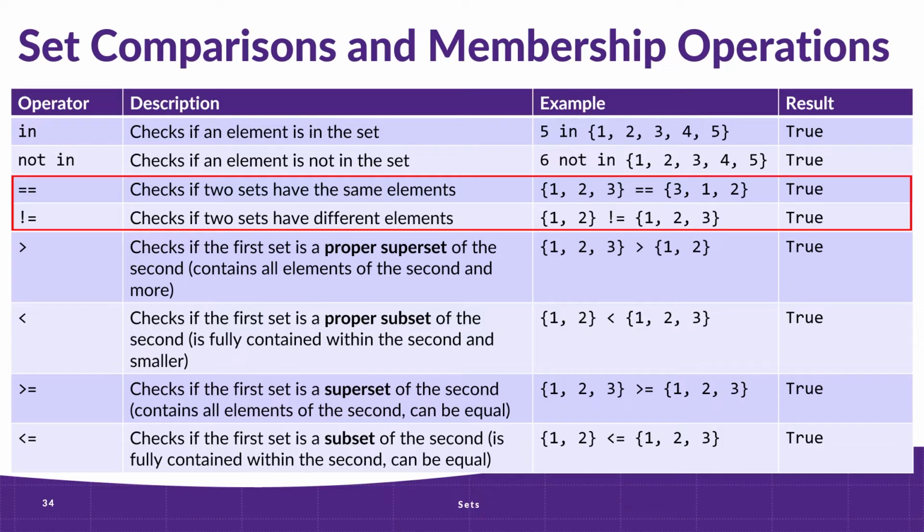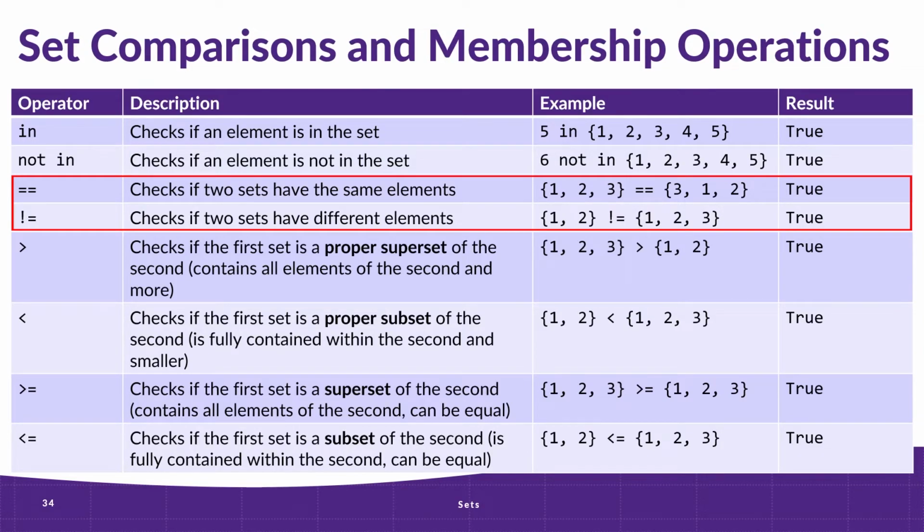So the next set of operations we have are equals and not equals. And they would work pretty much like you expect. They check if two sets have all of the same elements, or if two sets have different elements. Now, one difference between this and lists is that when we use the equals operation on lists, it would only return true if the elements were in the exact same order.